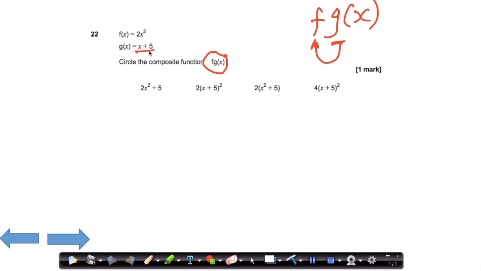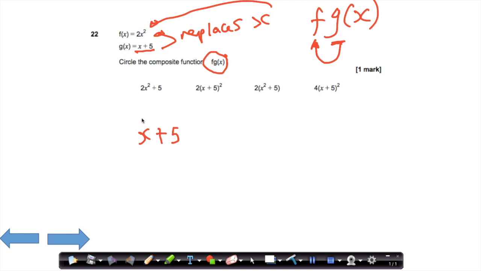Well, if g is x plus 5, then that replaces your x. So it replaces x in the f equation. So now instead of saying x squared, we're actually going to say x plus 5 squared. Okay, so just to recap that, the equation for g replaces our x in the f equation.